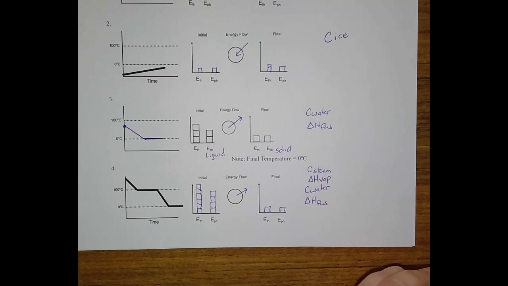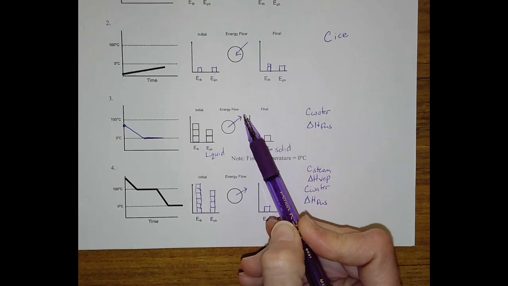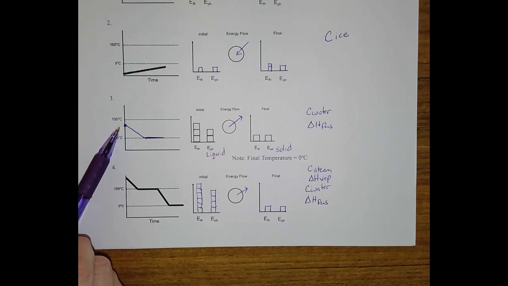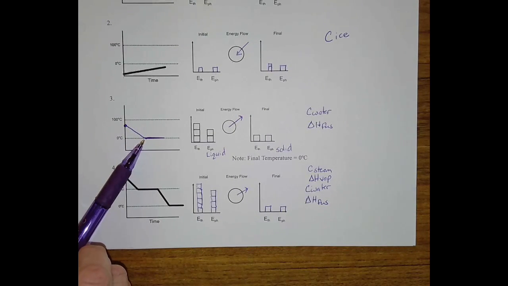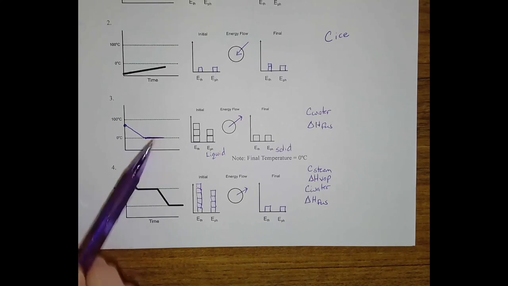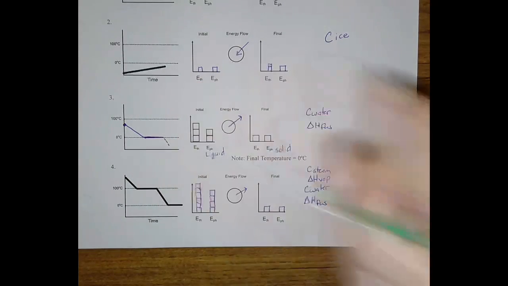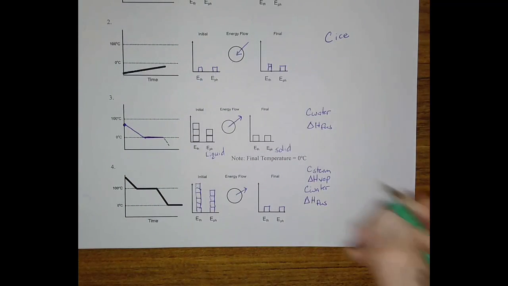I think there's a couple possible answers to this one. I'm positive energy is flowing out. So I started up here. I went down to the freezing point. I froze this. What I don't know is if I went on down or not.